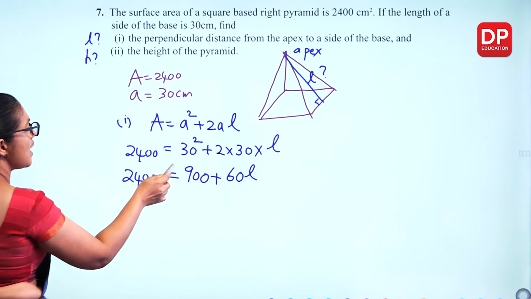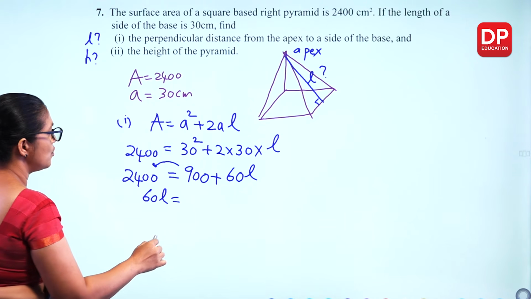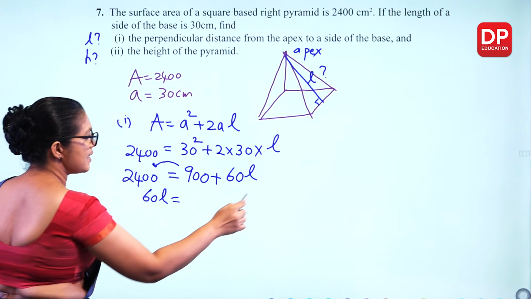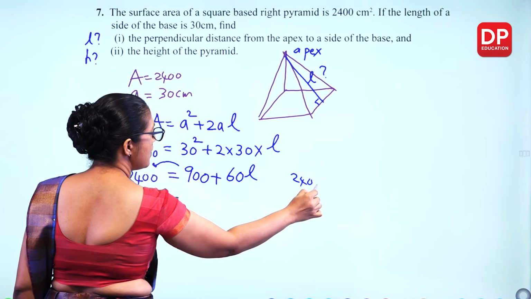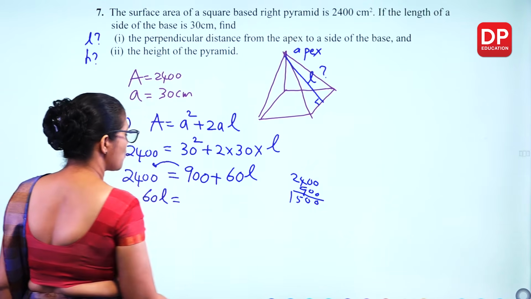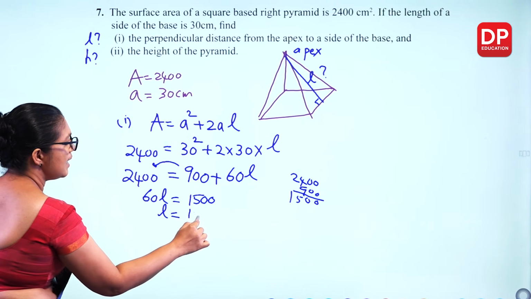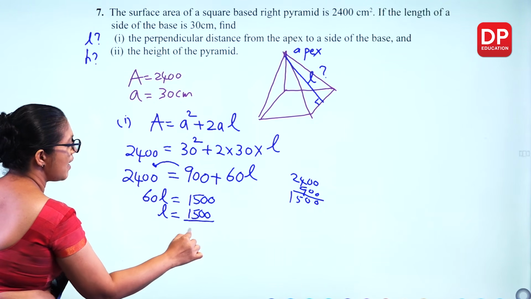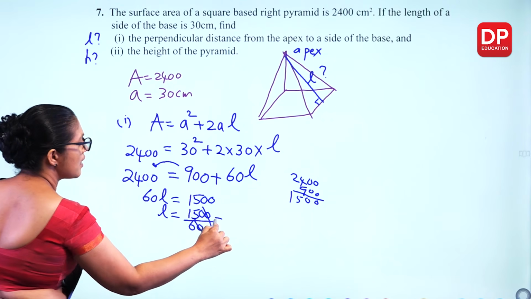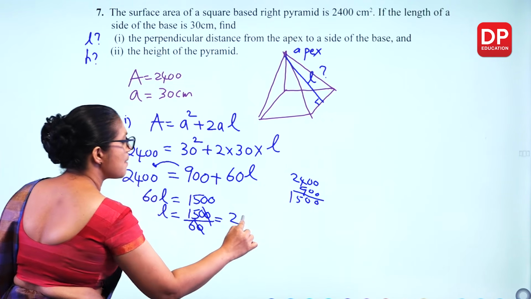When you take it to the other side, 60L is equal to 2400 minus 900, you get 1500. So what is L? L is 1500 divided by 60. You get 25.